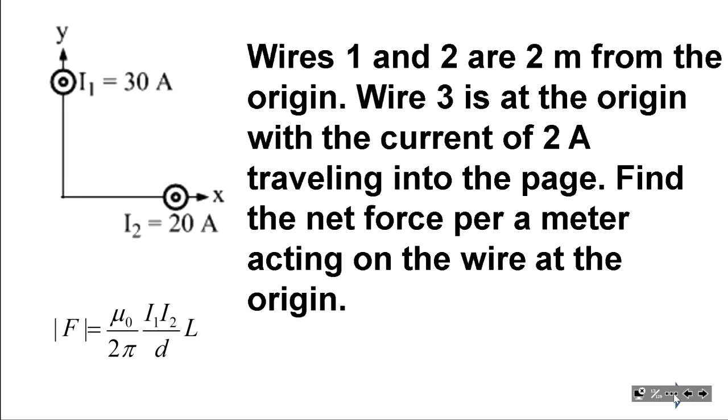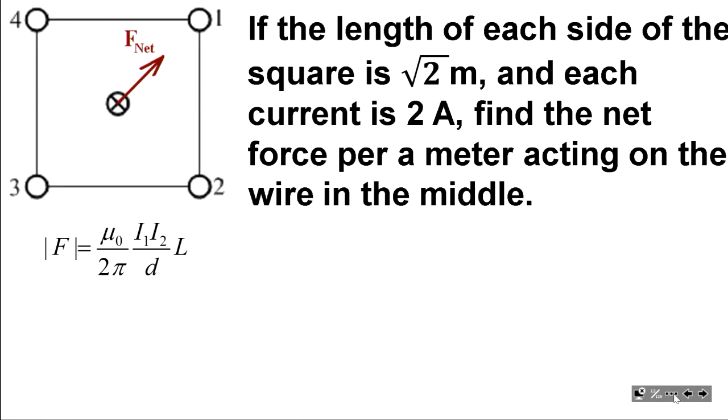So what we need to calculate is this ratio, which is equal to 4 pi times 10 to the negative 7 times each electric current is equal to 2 amps, so 2 times 2 divided by 2 pi.